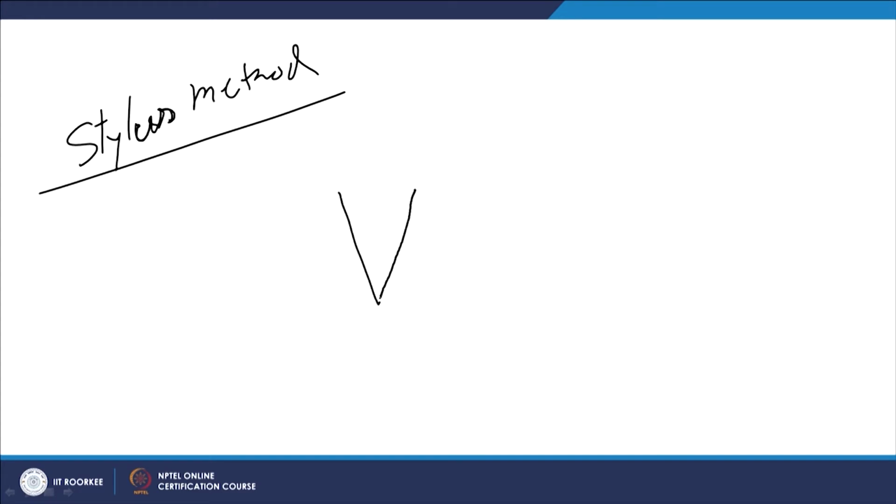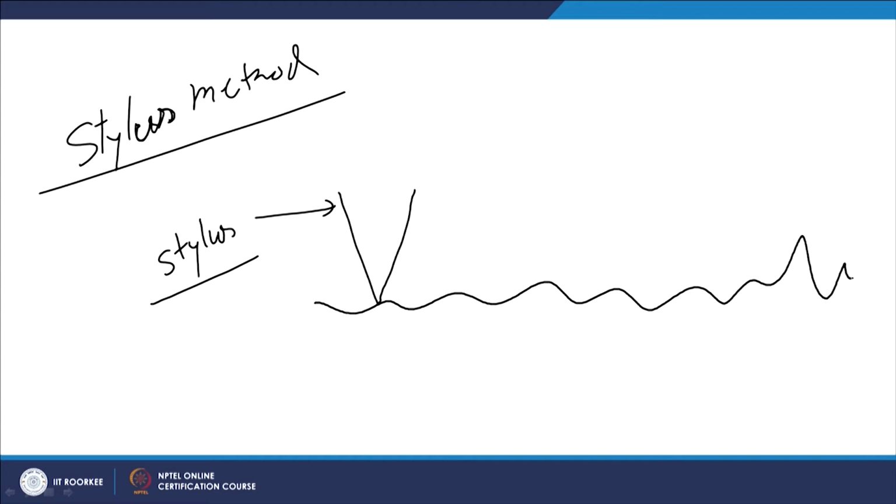So, stylus based method. In this case, one very pointed stylus of very small diameter is used, and this stylus is moved over the surface of the component whose roughness is to be measured.